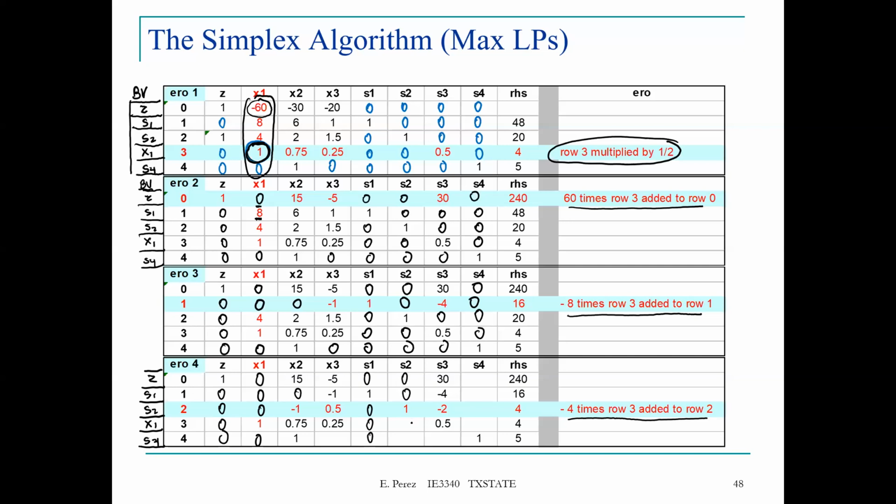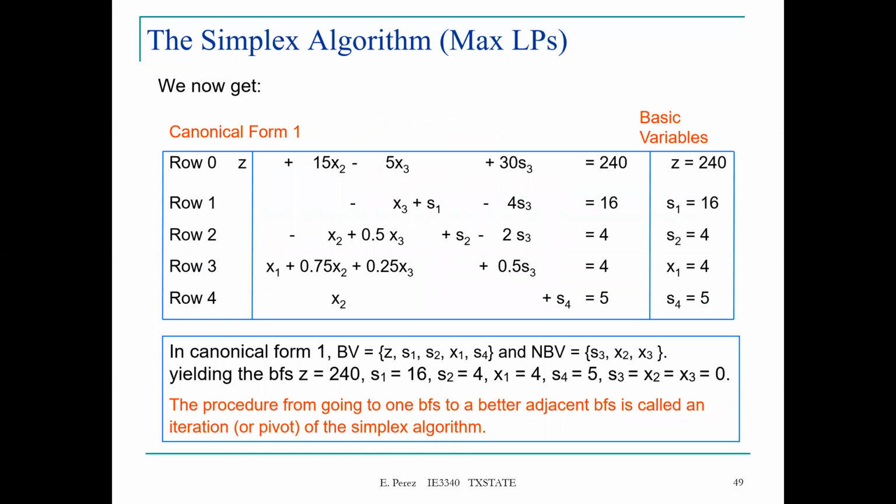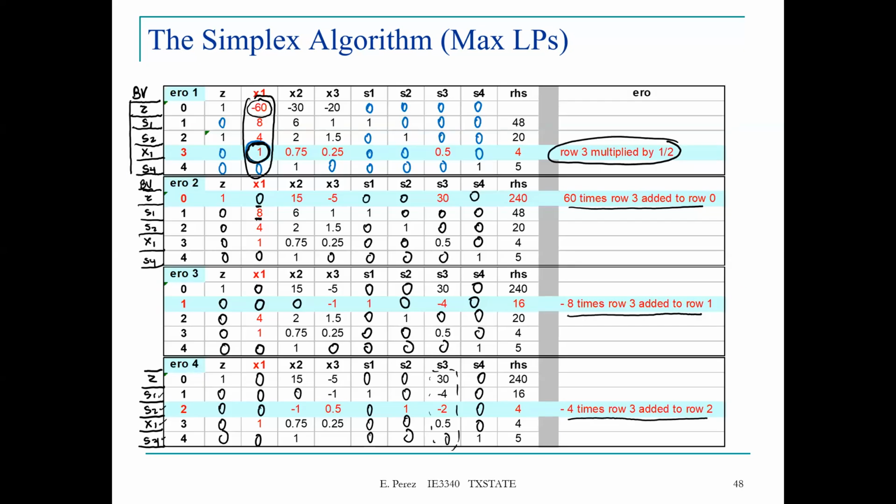As you can see now, S3 no longer has that format for the identity matrix because it is no longer a basic variable. So my basic variables now at this point are S1, S2, X1, and S4. So if we put this into the canonical form, you go back here, you look at this table, this is row 0.